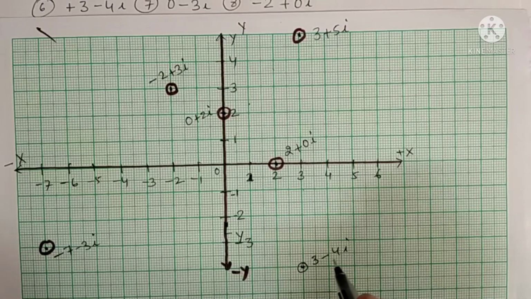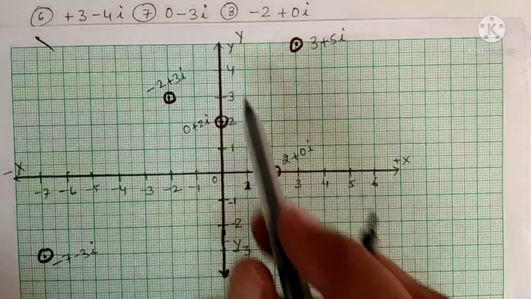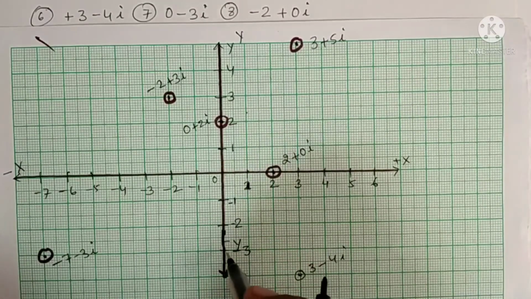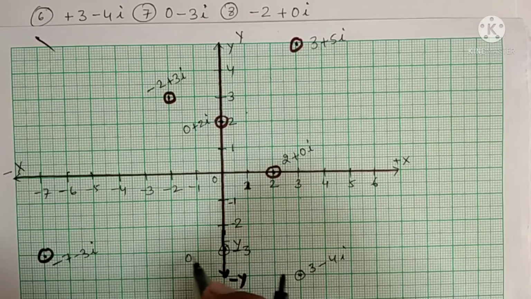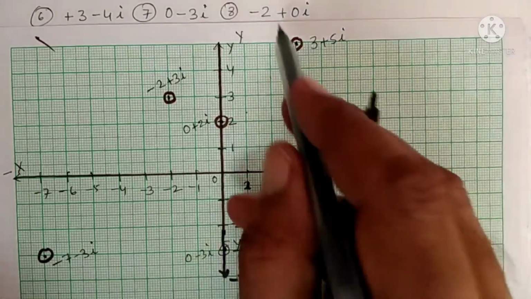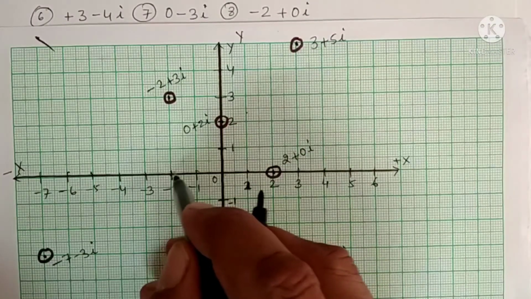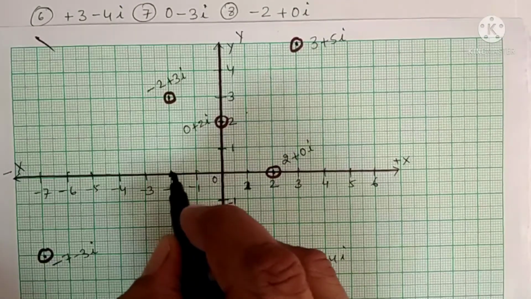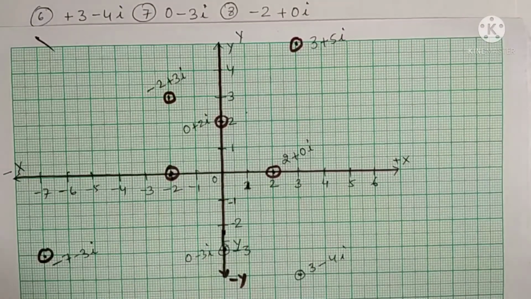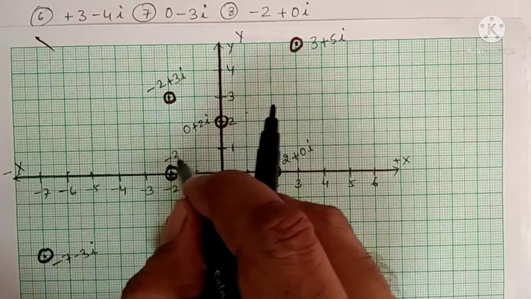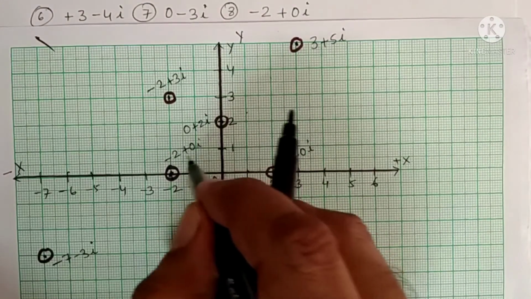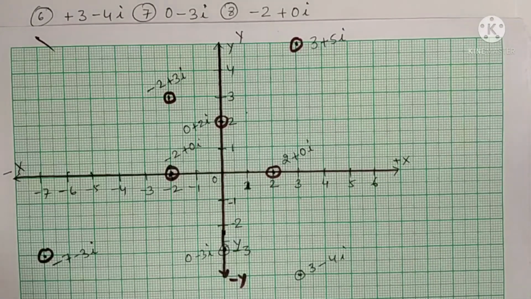This point is 3 − 4i. Next, 0 − 3i: 0 here and −3. This point is 0 − 3i. This is −2 + 0i: this is −2, and this point is −2 + 0i. All of you understand these points very well.